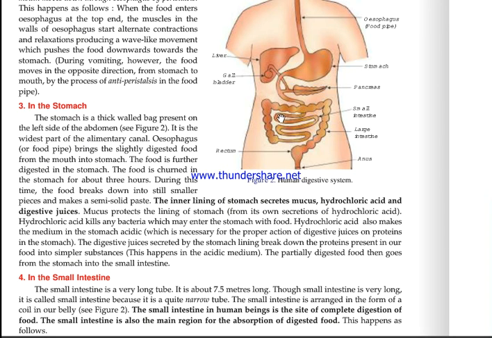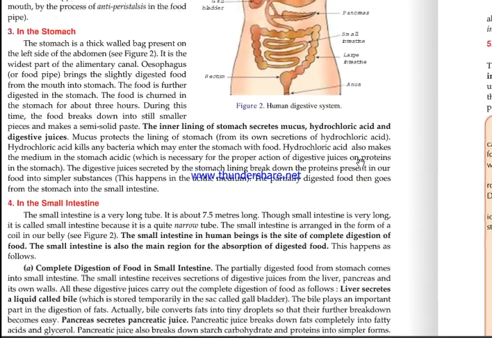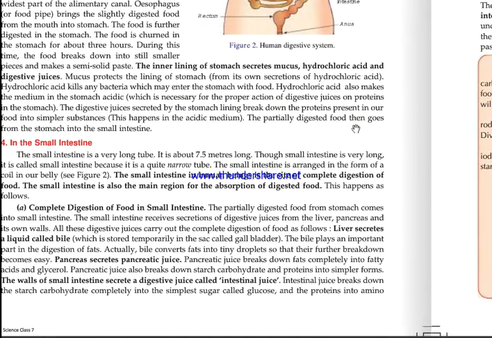That's why the intestine with a smaller cross-sectional area or diameter is called the small intestine, and the intestine having a larger cross-sectional area or larger diameter is called the large intestine. In the small intestine, complete digestion of food takes place.